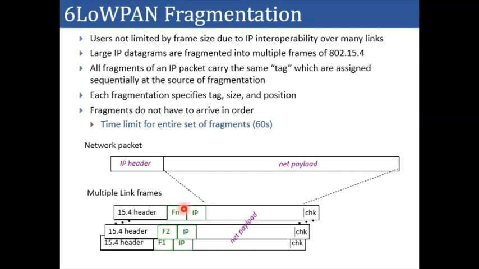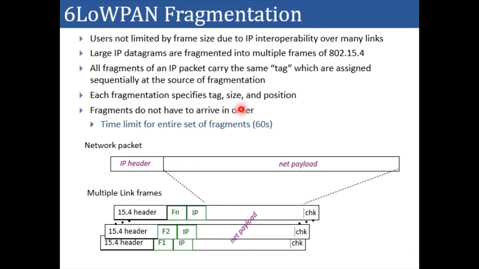They can come in any order, but at the network level, you will reconstruct the network packet by adding them in sequence. The time limit for the entire set of fragments is 60 seconds, meaning all frames should arrive and be aligned within 60 seconds.